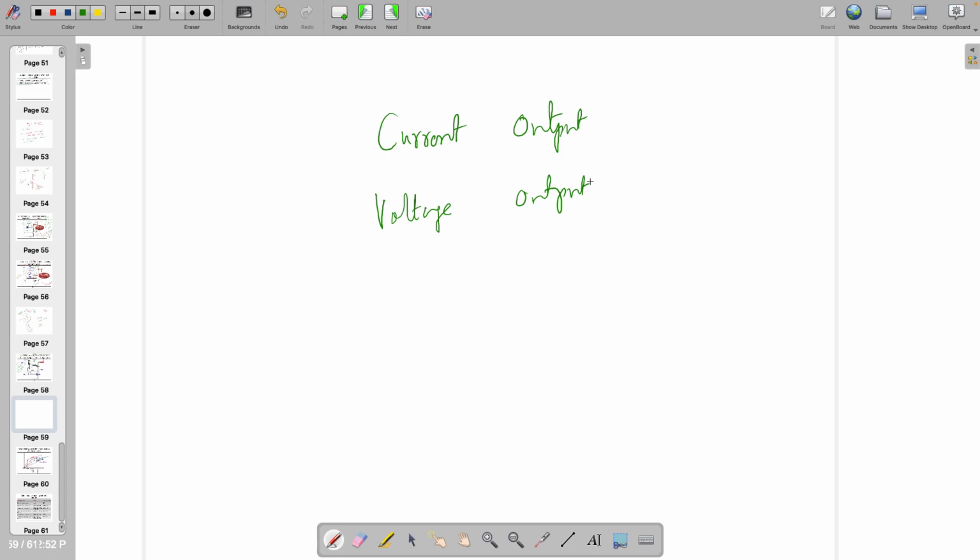It's all about the power. It's not just about voltage, not just about current. Sometimes you see that voltage is coming or current is coming, but it's not the full picture. The full picture is power. How much is the power, right? So I do not want to change voltage for any load, or it can drive the current for a given voltage. This is what I want at the output.